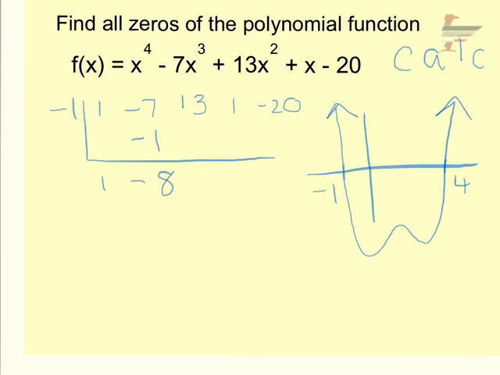And I'm going to do the synthetic process, of course. And I already made a mistake here, sorry. Let me cross this out. 13 plus 8 is 21.